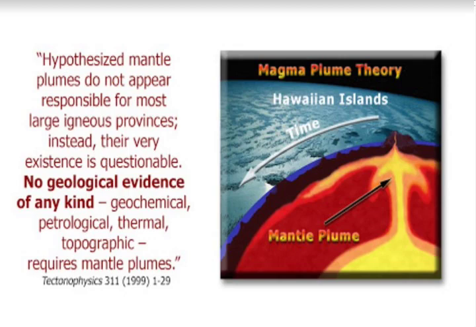But hypothesized mantle plumes do not appear responsible for most large igneous provinces. Instead, like the island of Hawaii, their very existence is questionable. No geological evidence of any kind, geochemical, petrological, thermal, topographic, requires mantle plumes.